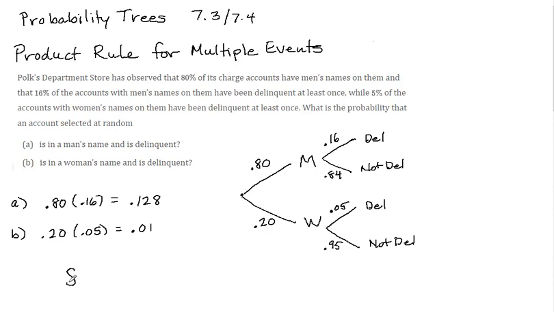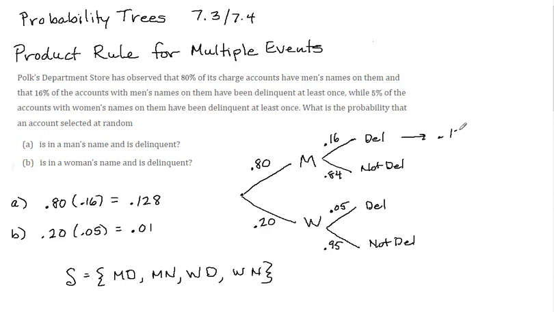So the sample space for this event would be a man and delinquent, man not delinquent, that's these two branches, and then a woman is on the account and it's delinquent, a woman is on the account and it's not delinquent. So there's only 4 outcomes in this sample space, and each outcome has a probability that's found by multiplying the probabilities on the branches.